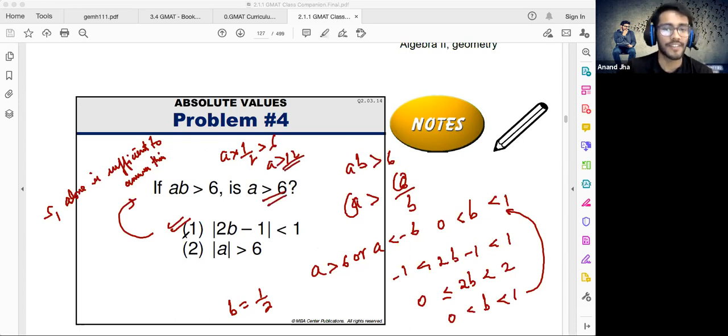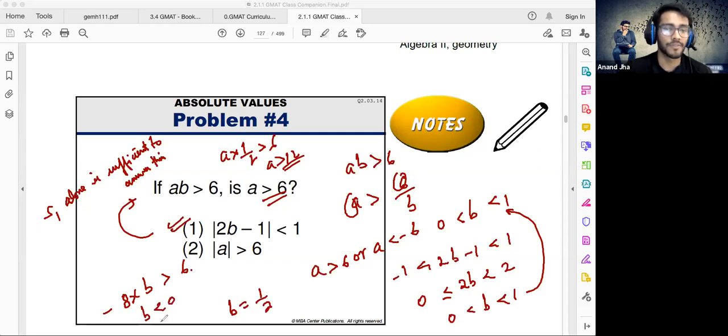My first condition is satisfied. Second condition, a greater than 6 or a less than minus 6. Take any number more than 6, say 7. Or a less than minus 6, so minus 8. A less than minus 6 means minus 8. Then what will happen to the b part? When will it be greater than 6?